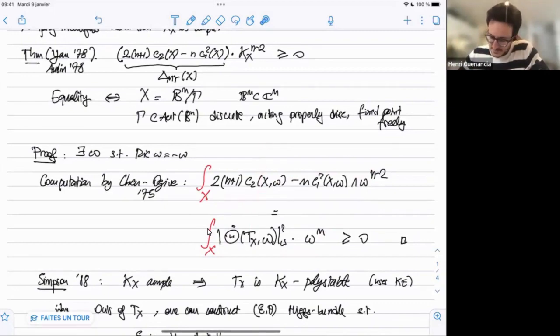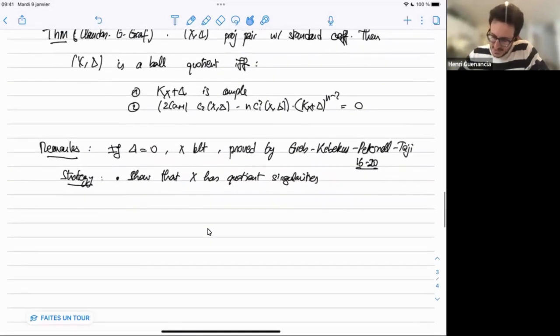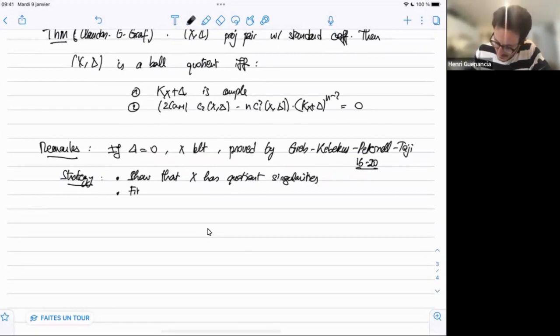And this is where using Simpson's approach is fruitful. But Simpson's approach, if you remember, needs some input, and that's stability. So the first step to implement Simpson's strategy, which is in a way much more robust, is to show that T_X is semi-stable.